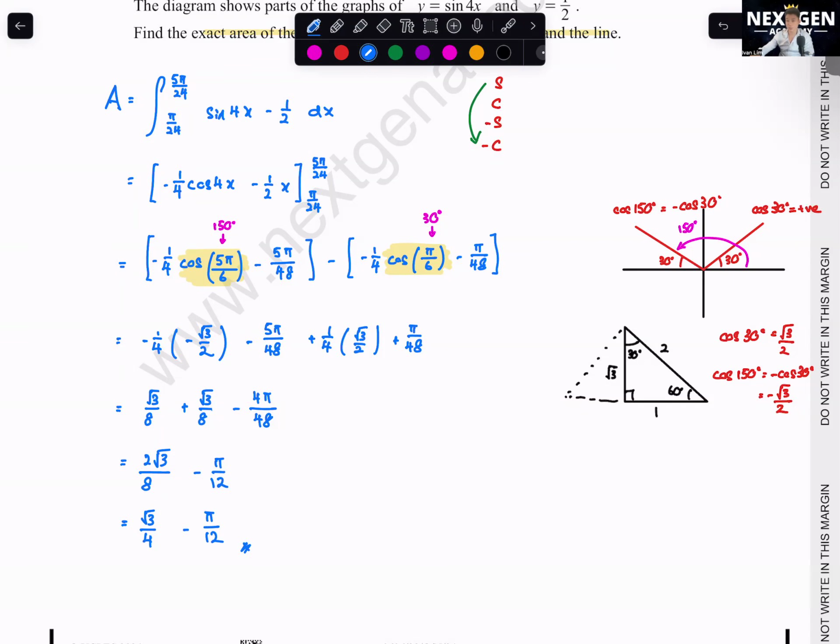Because third quadrant is negative. If it's in the fourth quadrant, ASTC, let's say they ask you to find cos 330 degrees. So cos 330 is equals to positive cos 30 degrees. Just know how to derive all the values.